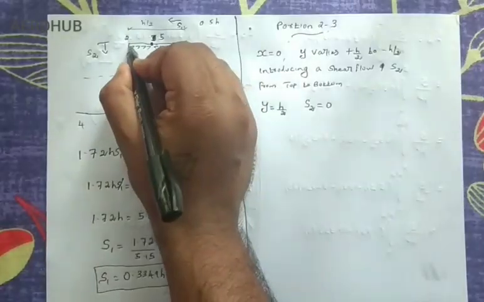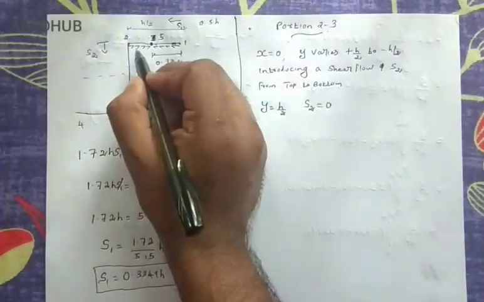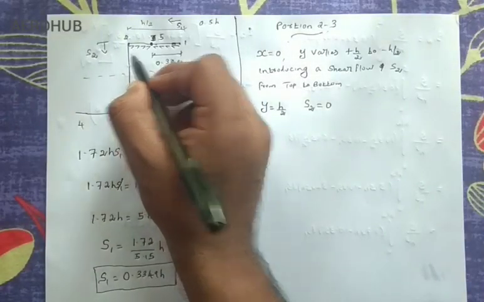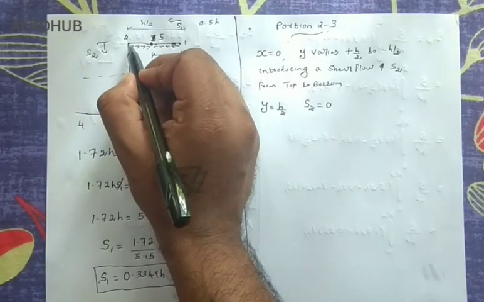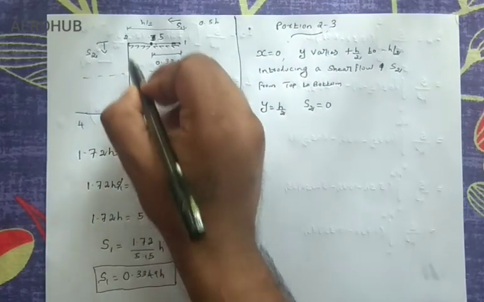When we are analyzing the portions separately, portion 1, 2 we will analyze separately, and portion 2, 3 we will analyze separately. Since shear flow is continuous, while finding out the shear flow distribution at point 3, we will be adding the shear flow at point 2.